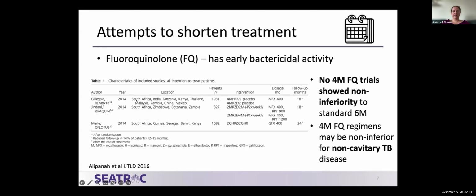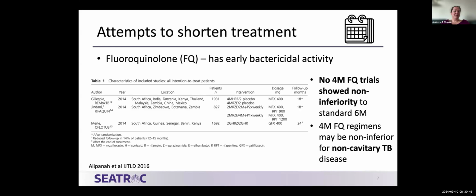There were 3 critical clinical trials that were done in 2014, all of which used a fluoroquinolone in the intensive regimen. And unfortunately, these trials all showed that a 4-month fluoroquinolone-containing regimen was not non-inferior to standard 6 months. That's a little bit of a double negative.